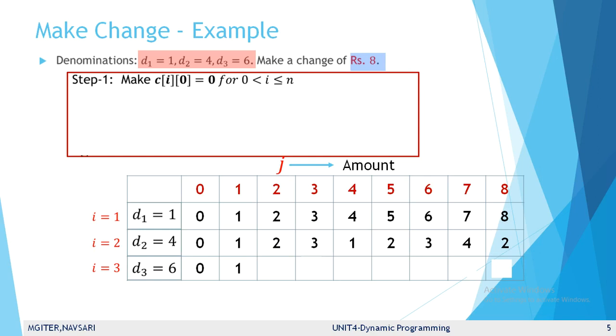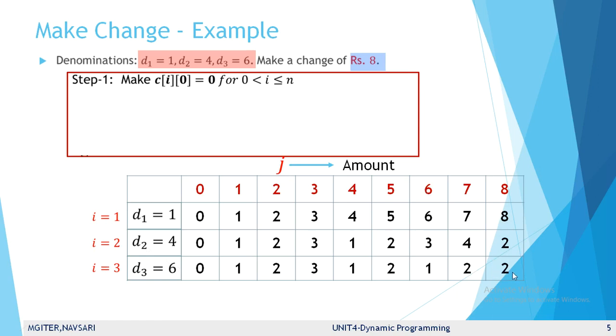Now in the third row we have 3 coins: 1 rupee, 4 rupees and 6 rupees. For making change of 1 rupee, we use 1 coin, 2 coins, 3 coins, 1 coin, 2 coins. Now here we use 1 coin of 6 rupees. Same, 2 coins: 1 coin of 6 rupees and 1 coin of 1 rupee.